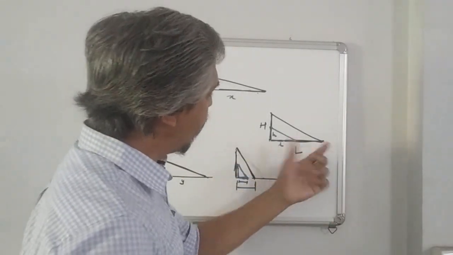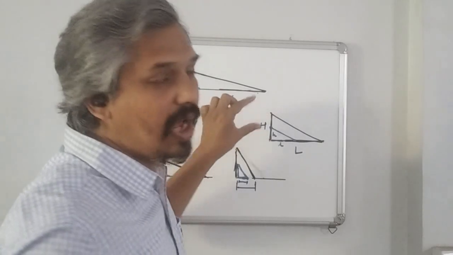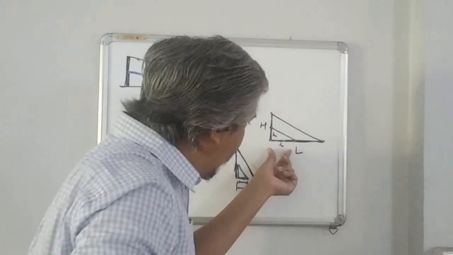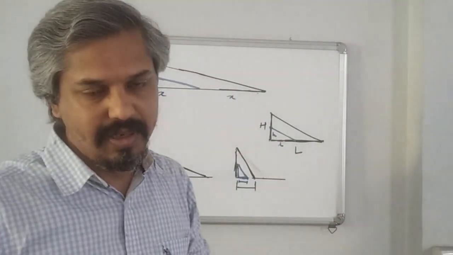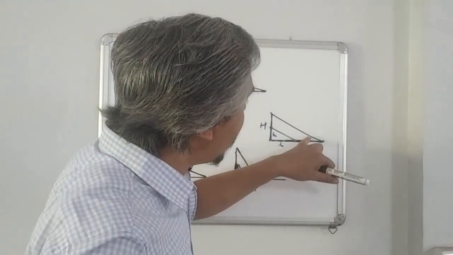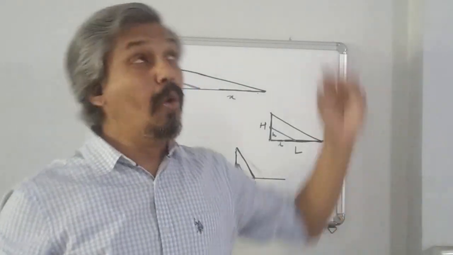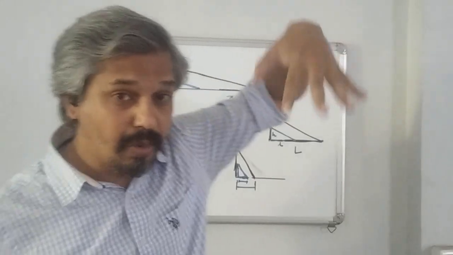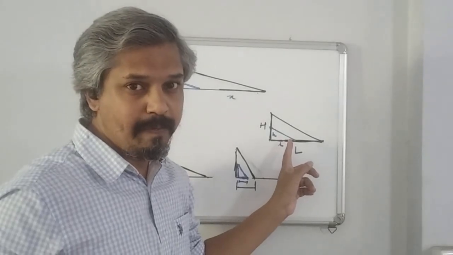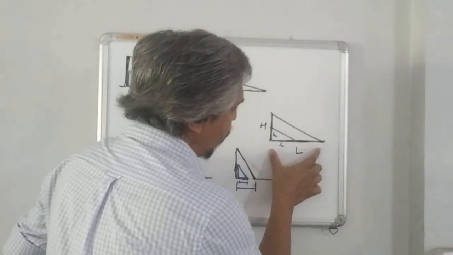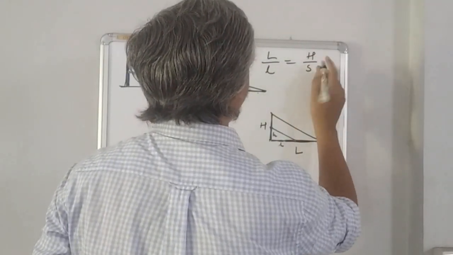So the father is saying that if capital L is the length of the shadow of the father and capital H is the height of the father, small l is the length of the shadow for the son and small h is the height of the son, then no matter what the angle made by the sunlight with the ground, no matter what time of day, no matter where the position of the sun is, no matter how steep or how flattish the sun rays appear, the length of the shadow will always have the same ratio as the height of the people.